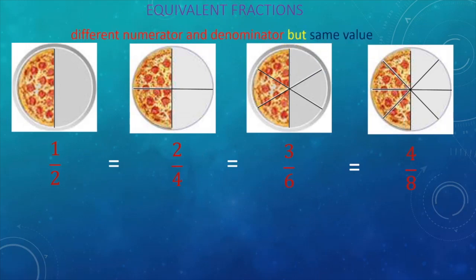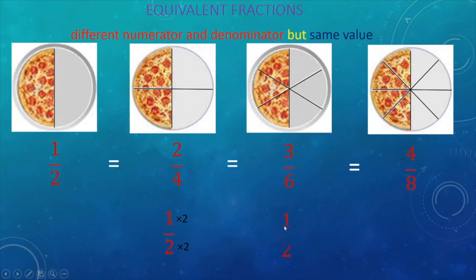To obtain an equivalent fraction, we need to multiply both numerator and denominator by the same number. So to get 2 over 4, we multiply both 1 times 2 and 2 times 2. So 1 times 2 is 2, 2 times 2 is 4.